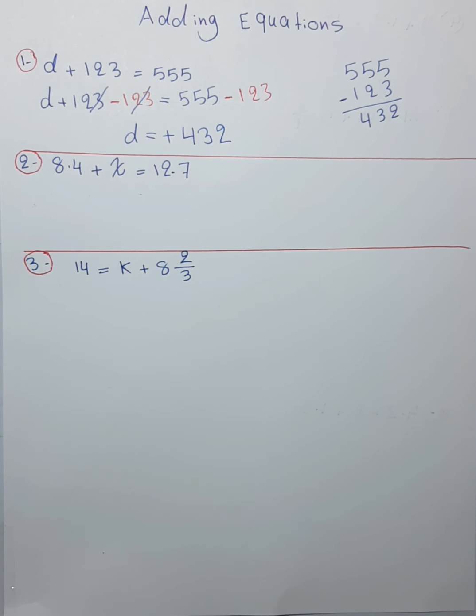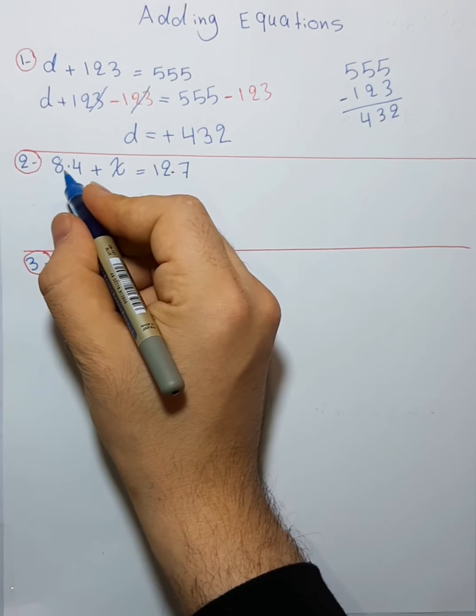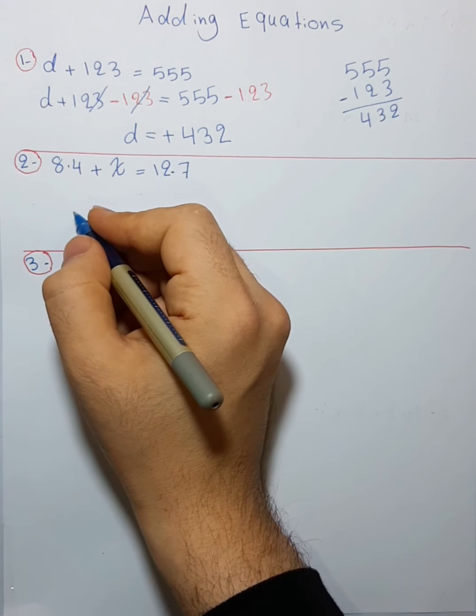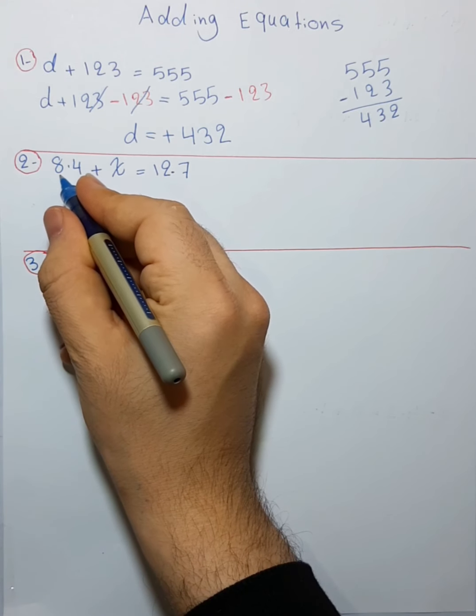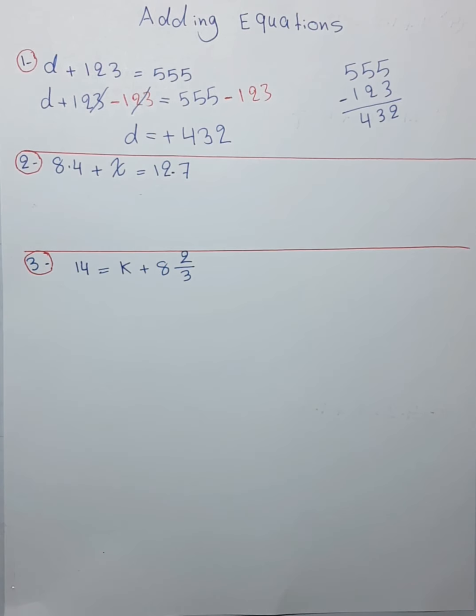Example number 2, we have 8 and 4 tenths plus x equal to 12 and 7 tenths. We have to take the inverse of 8.4 or 8 and 4 tenths. The inverse of 8 and 4 tenths is minus or negative 8 and 4 tenths.